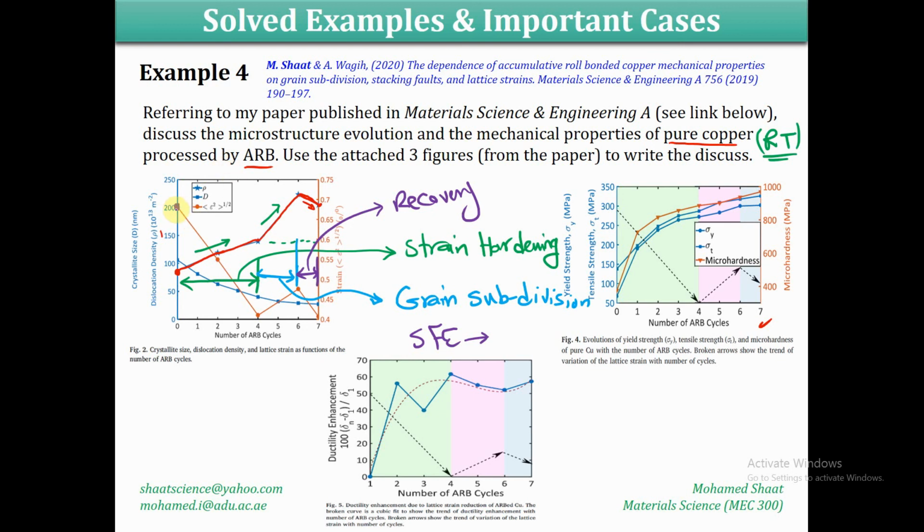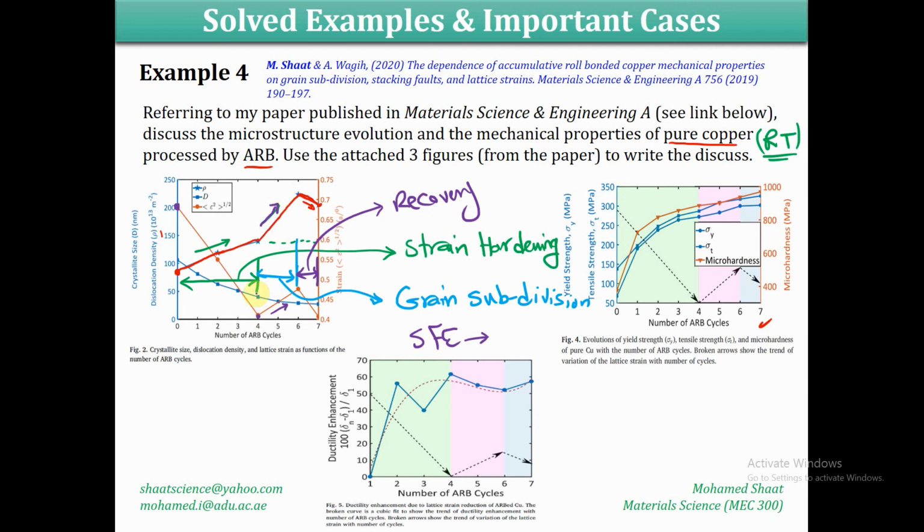If we start from the beginning, we observe a decrease in the lattice strain within the first 4 cycles. But the interesting thing is that between 4 and 6, we end up with an increase in the lattice strain.